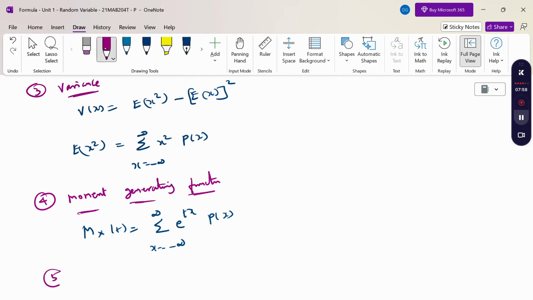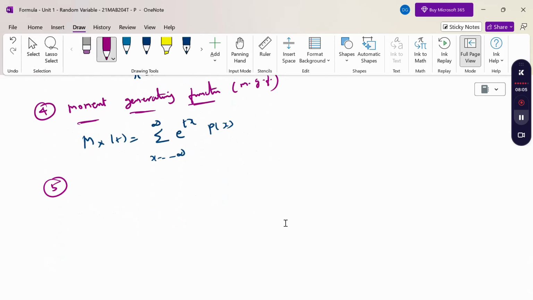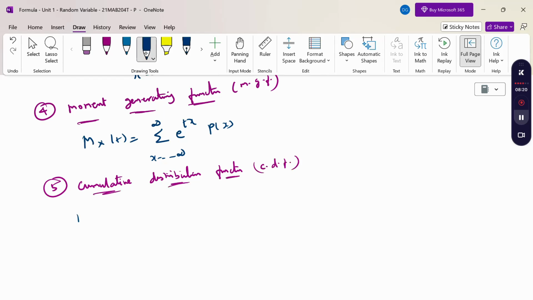And then the cumulative distribution function, CDF: capital F of x equals probability of X less than or equal to x, which is the summation of probability of x from minus infinity up to x.